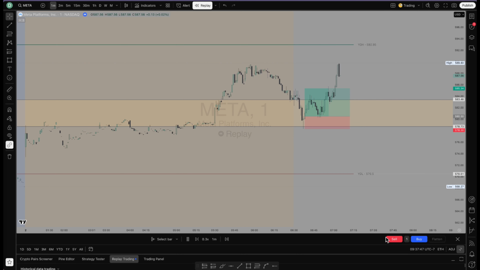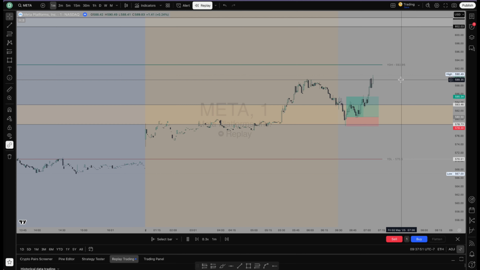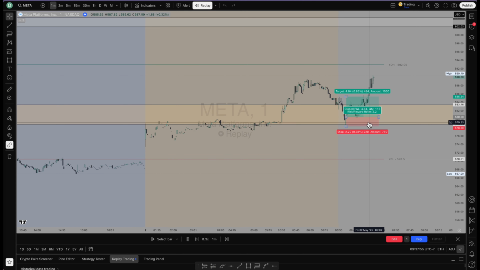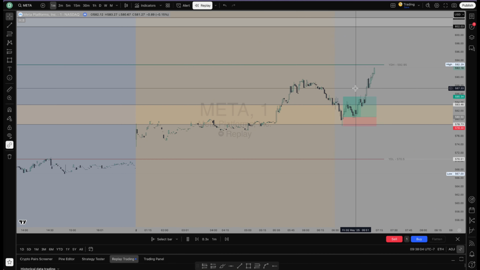I later started to feel really bad FOMO because at 7 o'clock the market just pushed higher, and this would have been a really, really solid winner. But I stuck to my plan and exited where I was, and I just went about my day.